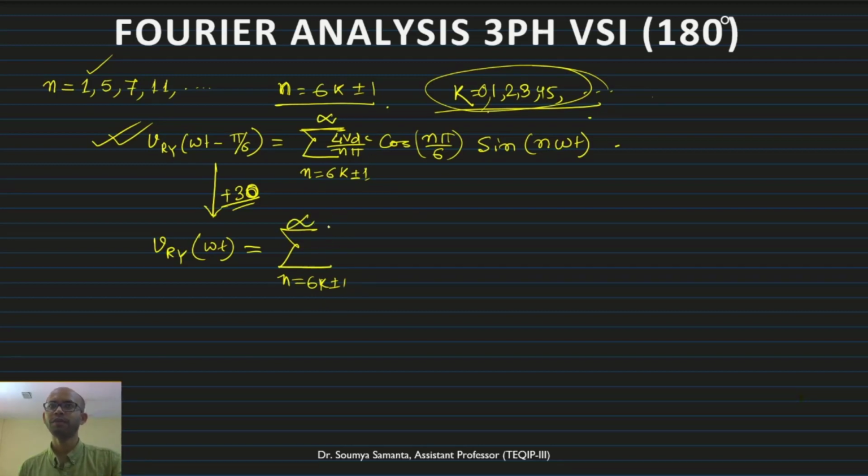The waveform is 4 VDC by n pi, cosine of n pi by 6, sine of n omega t.